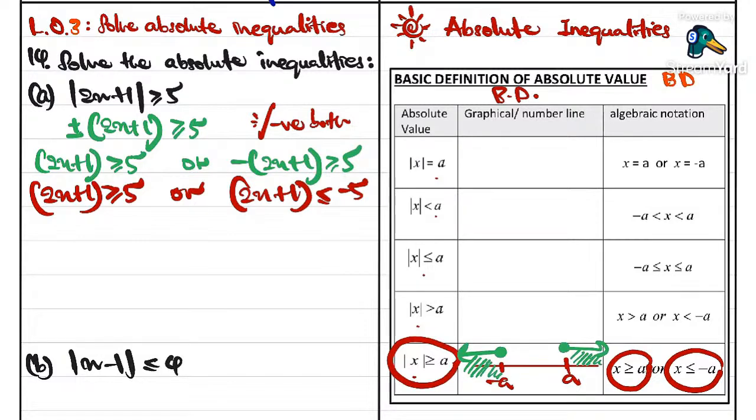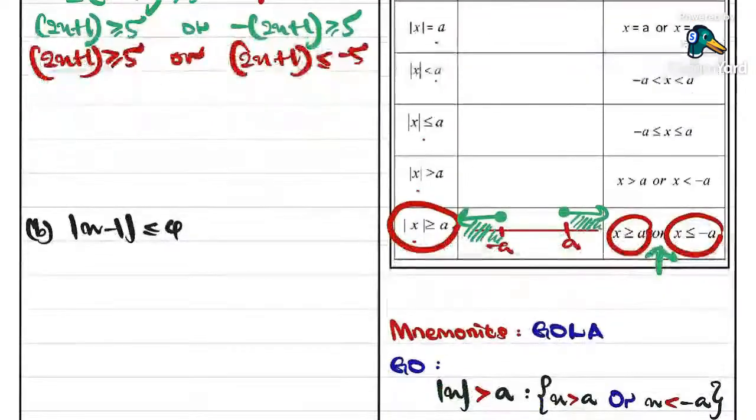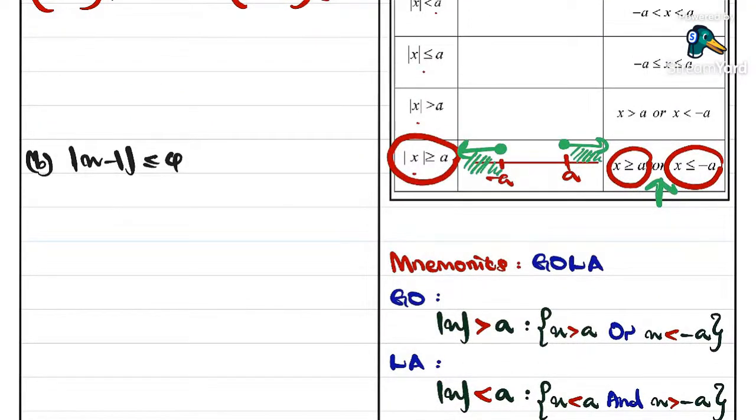So basically, you must know that we will have two inequality, and it must be written as the word or. Mesti dituliskan dalam perkataan or.